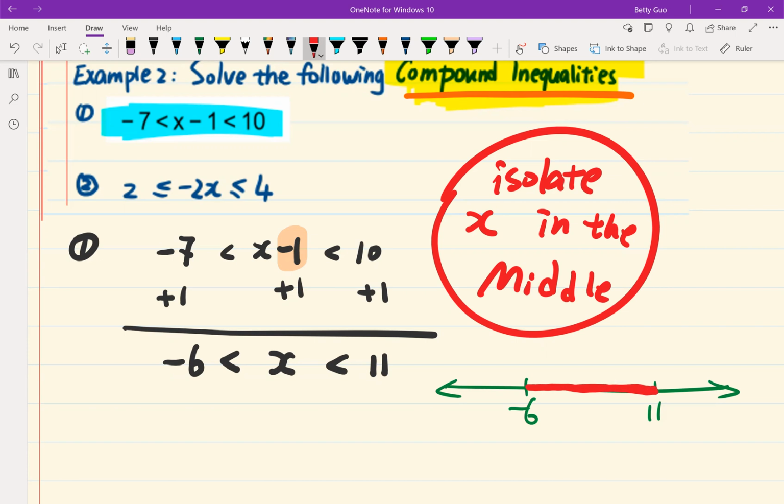At -6, I want to ask you, is -6 itself a solution of the compound inequality? Yes or no? If you plug in x equals -6, would you have a contradiction or a true statement? Contradiction, yeah. Look at this inequality symbol.